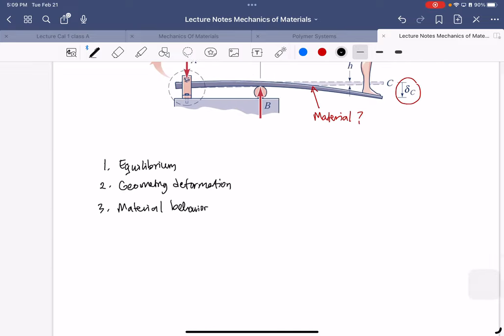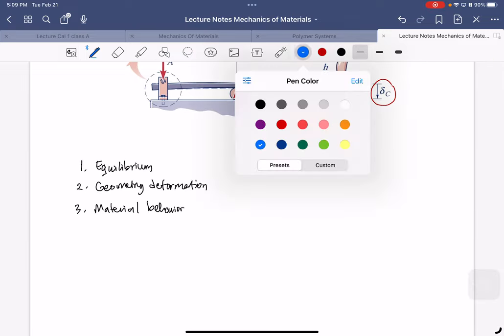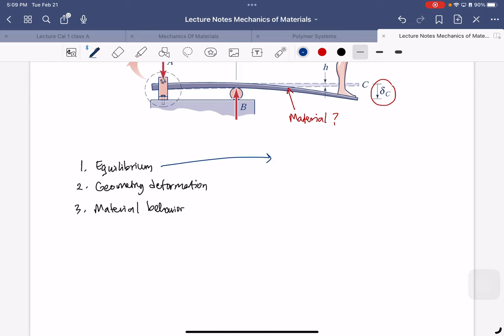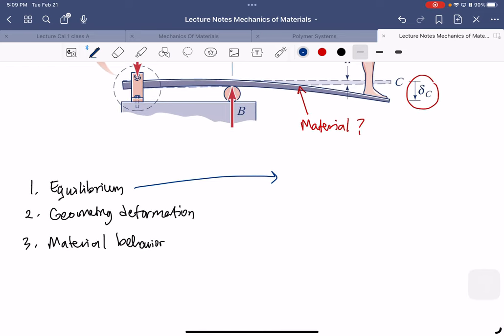For the equilibrium, usually we are going to see that the sum of the forces, the resultant, sigma F, is going to be 0, and the moment at some point, let's say point O, is also 0.